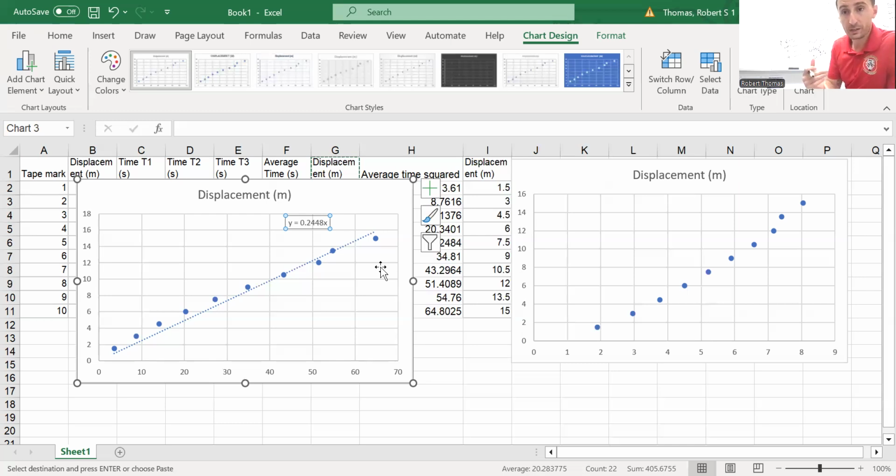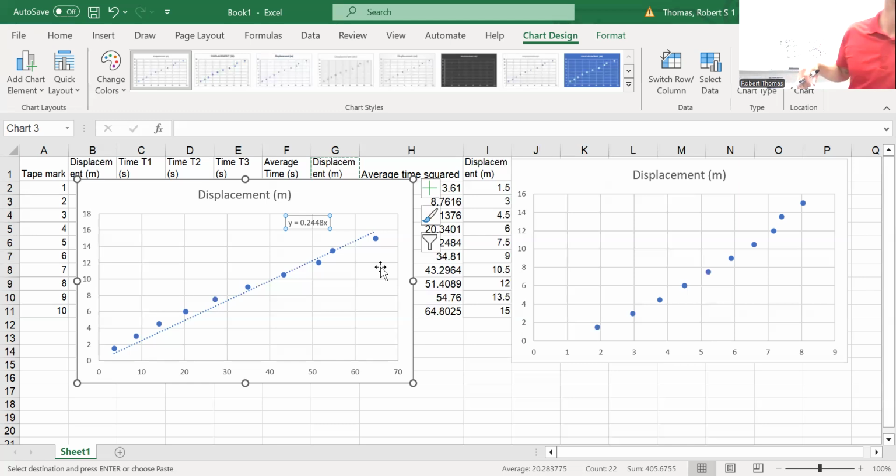The slope of my graph is 0.2448. I know that the slope in this case equals 1/2 a. I have the slope from my graph, so 0.2448 equals 1/2 a. To solve that, I multiply by 2, I get a equals, what is that?